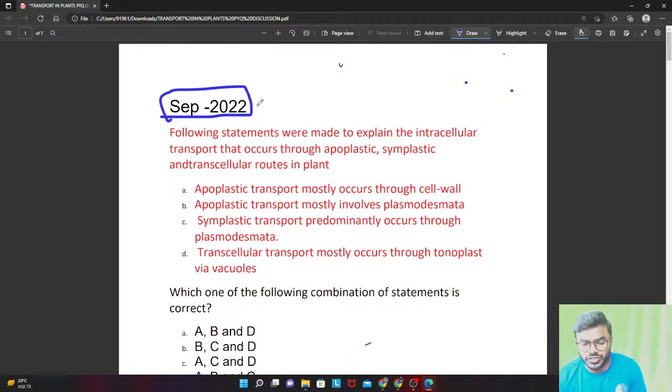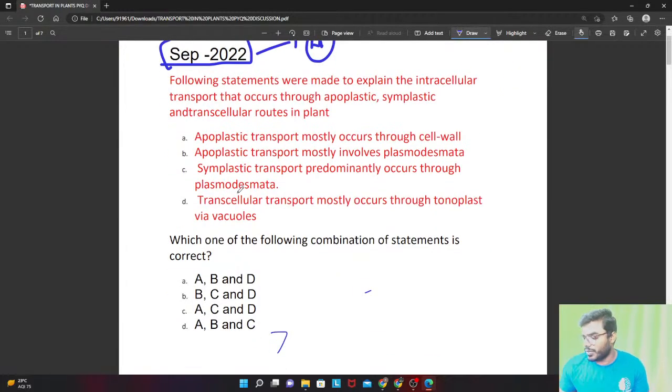This is the September 2022 question, which happened a few months ago, part C. Take your time, make sure you give me a very correct answer, that is important for me. Slowly, I want you to answer slowly.